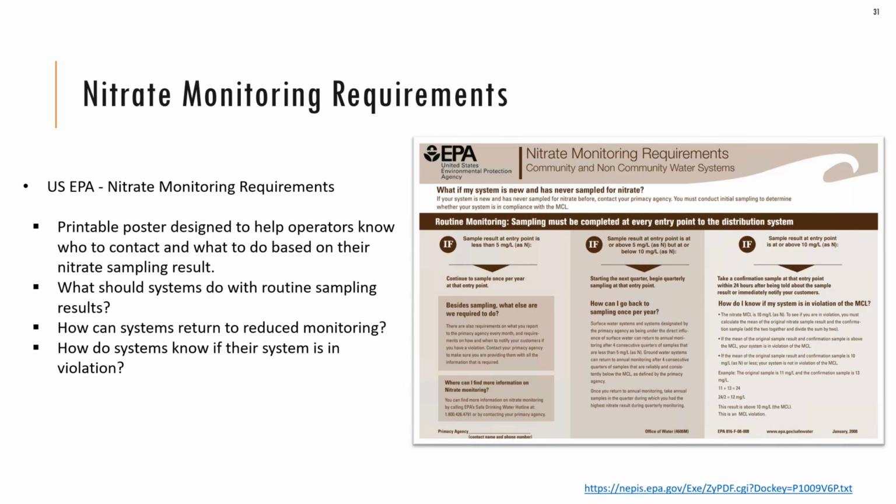Again, the way nitrate MCL exceedance is determined is different from the rest of the chemical contaminants within this rule. This is something you can print out and have somewhere in your treatment facility if you're aware that you have nitrate problems. There's a place to put contact information for your primacy agency as well, so if an exceedance happens, you know who to contact.